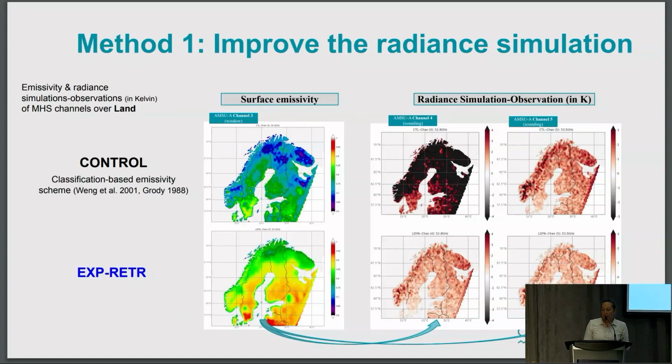Very briefly, on the left side you have two maps of surface emissivity, and on the right side is the difference between the radiance simulation and the radiance observation. The first line is what we are presently using in HARMONIE-AROME, the default surface emissivity, which is a classification-based emissivity scheme.